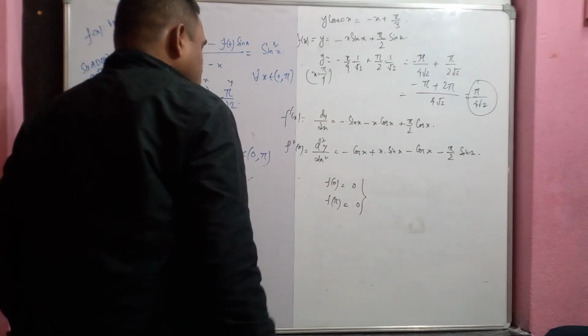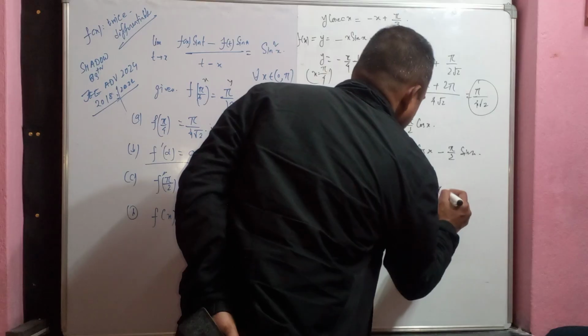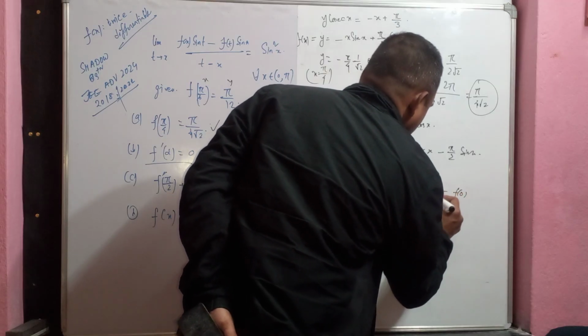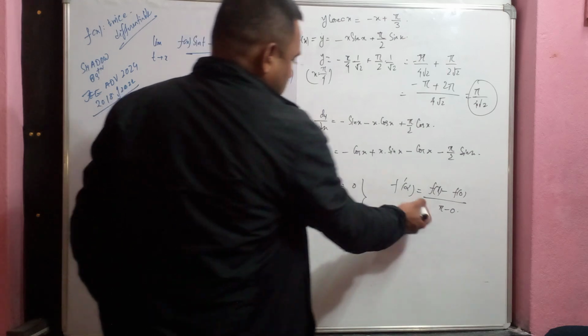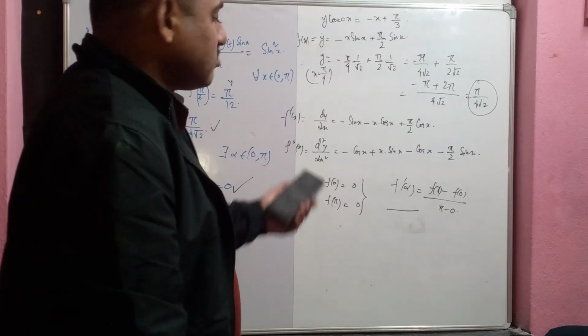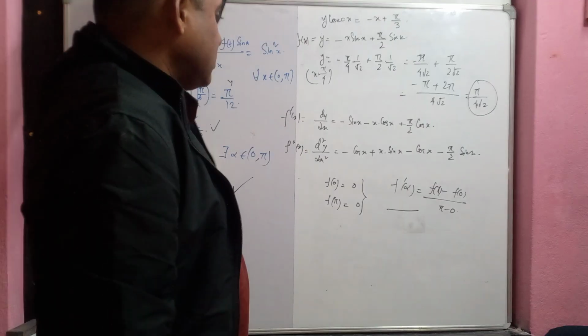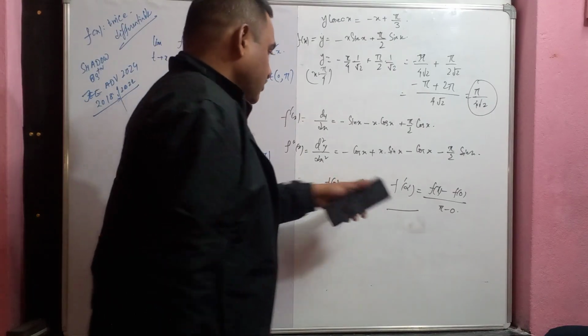So now, is there any possibility that f dot alpha is equal to f pi minus f0 by pi minus 0? It is a continuous, differentiable function. These two will satisfy Rolle's first two postulates, but the third postulate, Rolle's or Lagrange's if you use. So f pi is again 0.